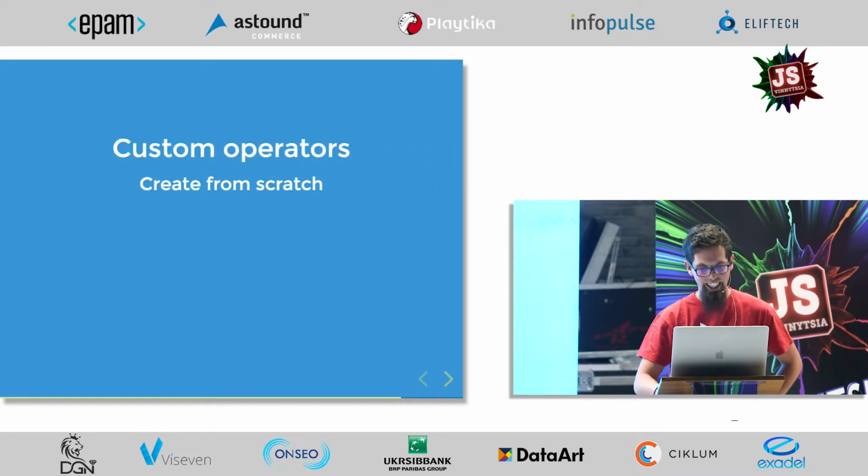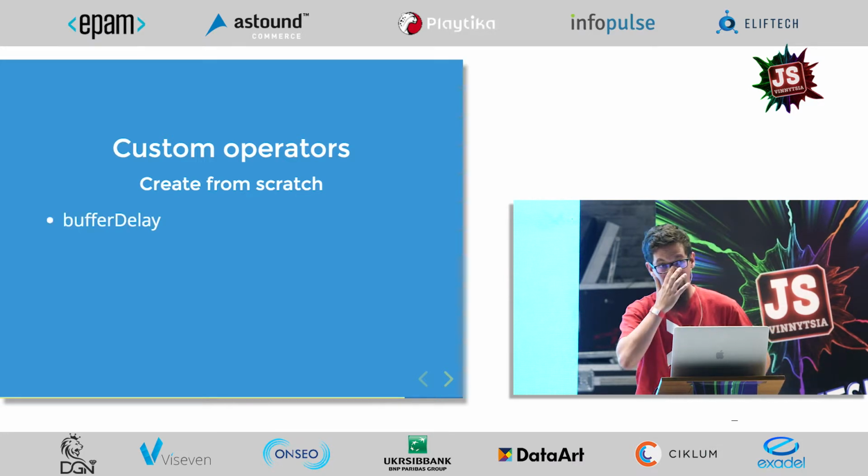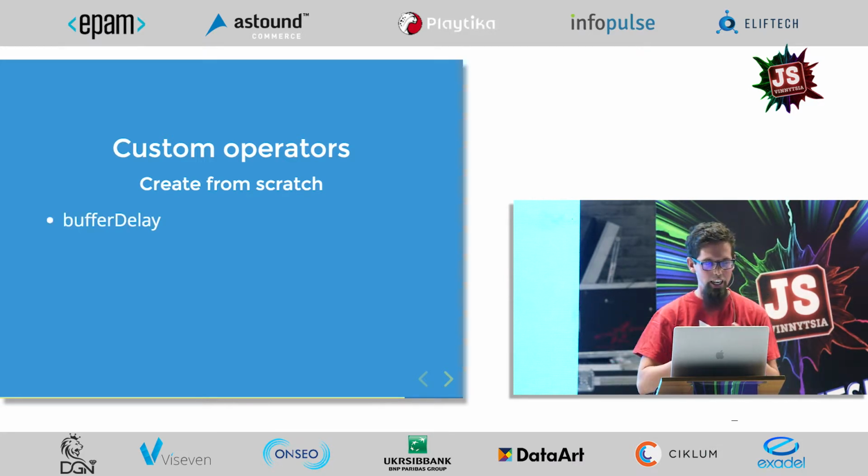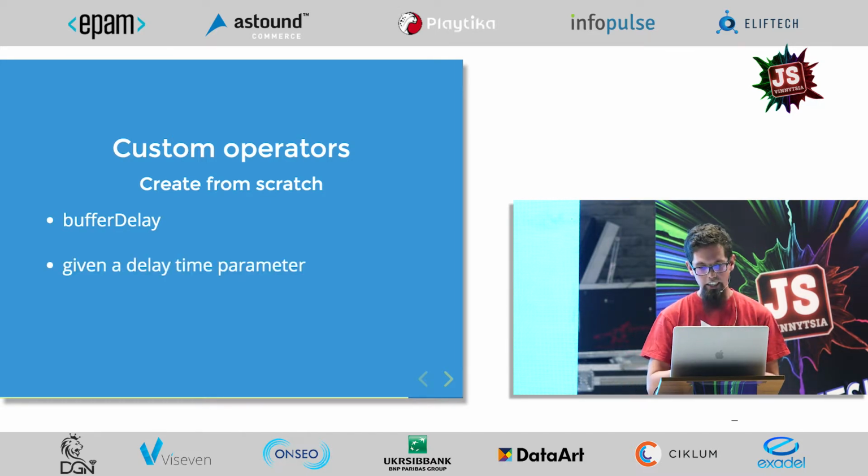So now we can create another operator from scratch. This is something that, when I was playing with RxJS, seemed pretty useful, and I couldn't find it in the currently implemented operators. I called it buffer delay. So basically, we feed it with some delay time, like we do with other delay functions.